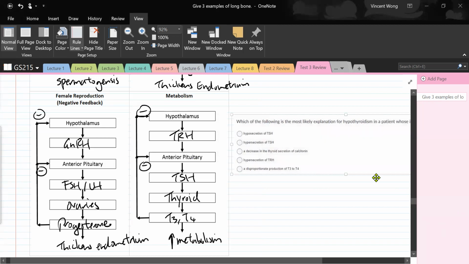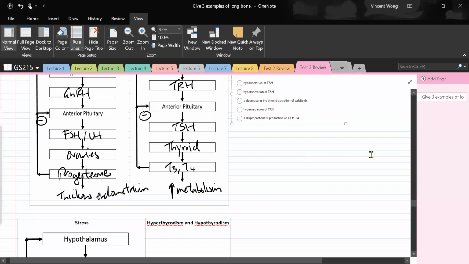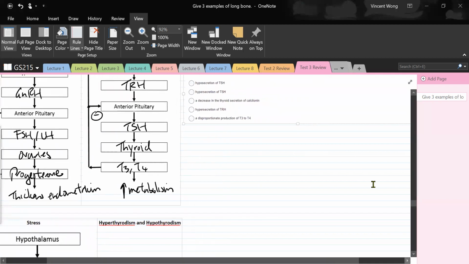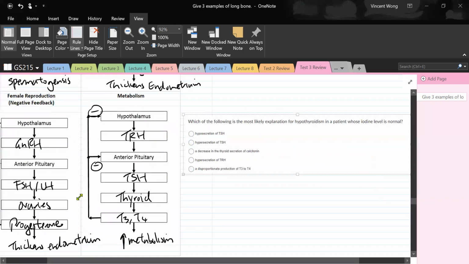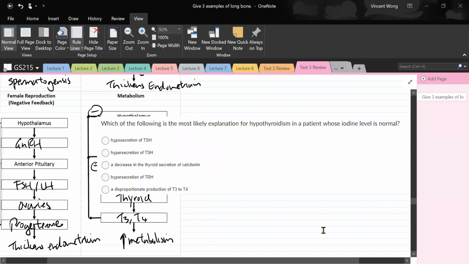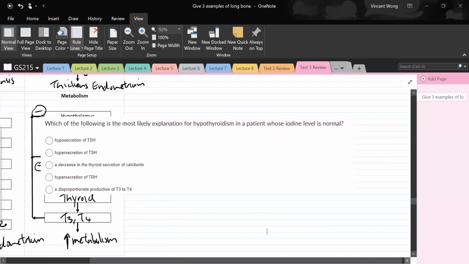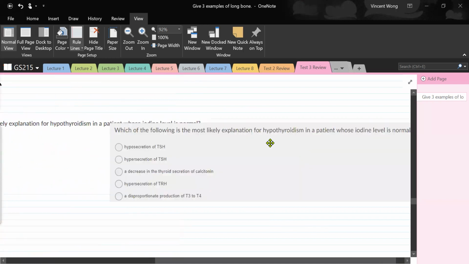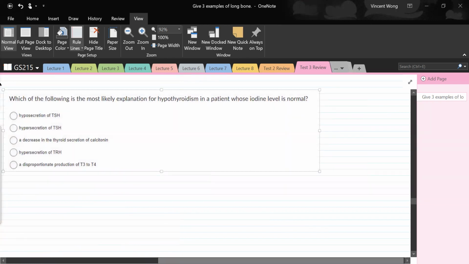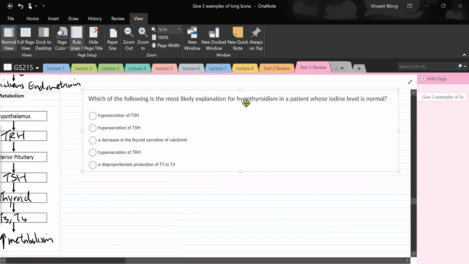Okay, so take a look at this question. I'll just make it bigger for now. Which of the following is the most likely explanation for hypothyroidism in the patient whose iodine level is normal? So in class, I told you there are different causes for hypothyroidism, and iodine deficiency is one of them.